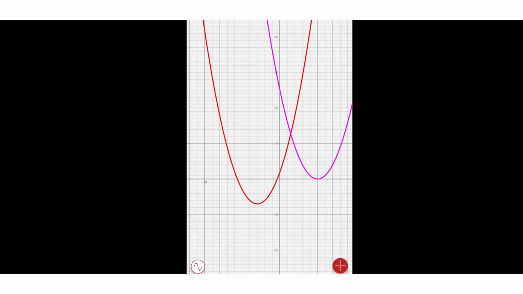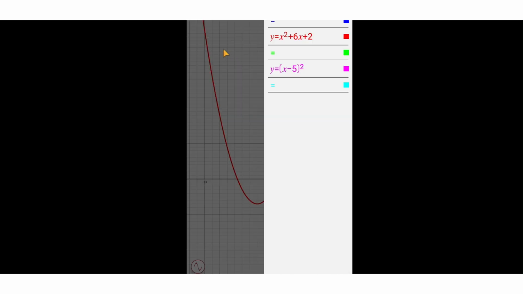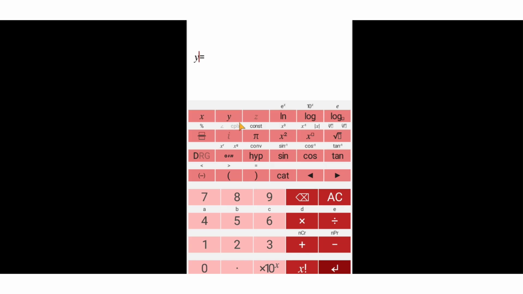Remember, I say it could be the maximum point, it could be the minimum point. Now, I want to show you the case where we have a maximum point. So let's say the graph of y equals negative x squared plus 5x plus 6. And now if you look at the graph, we have this.